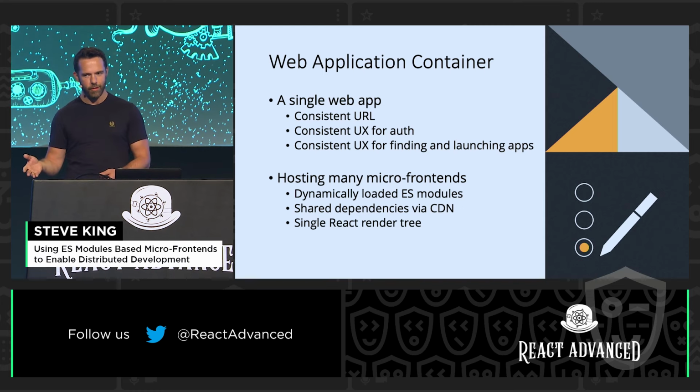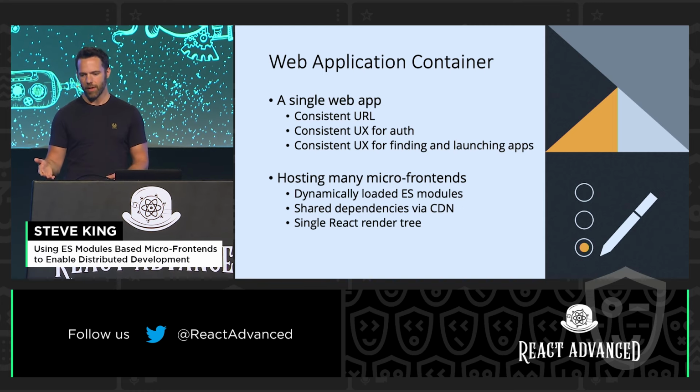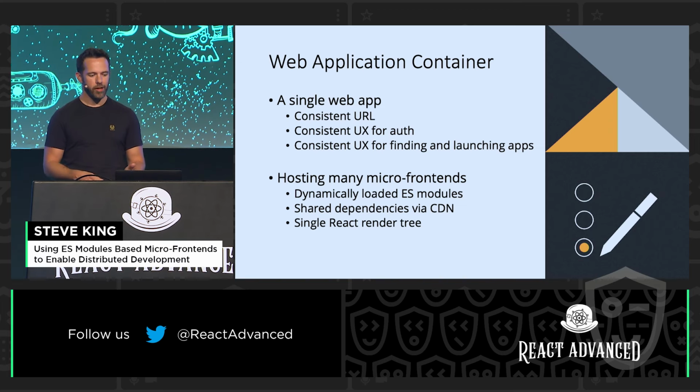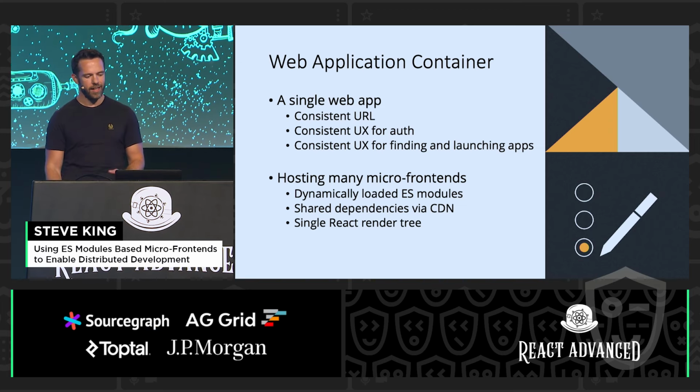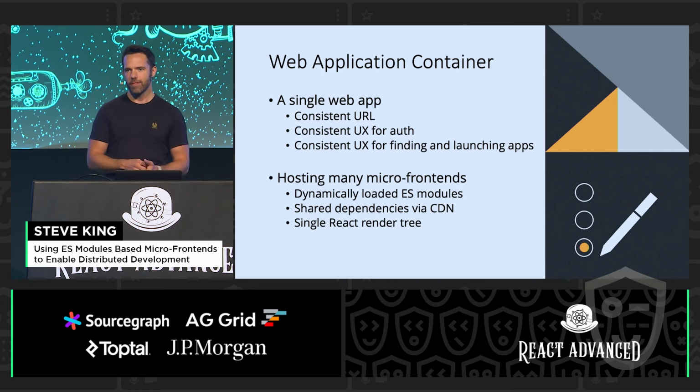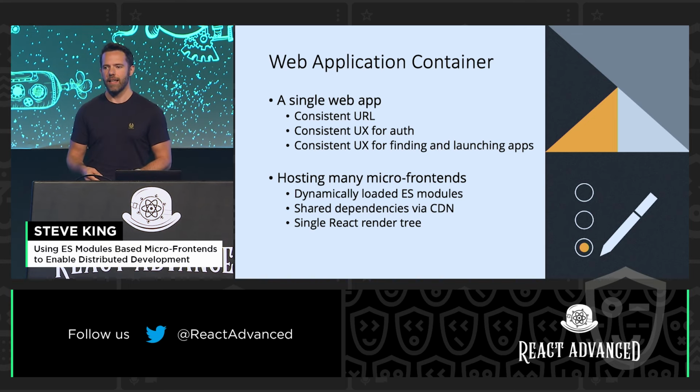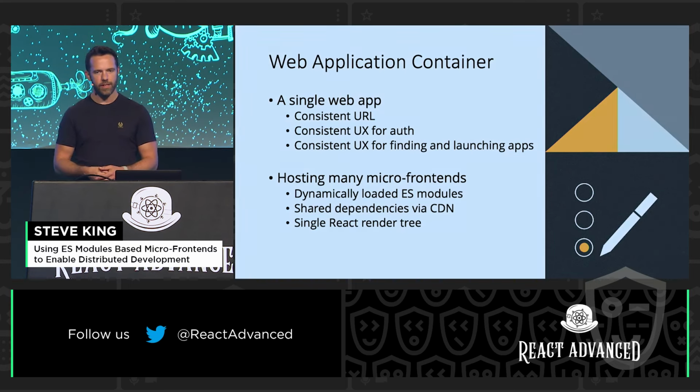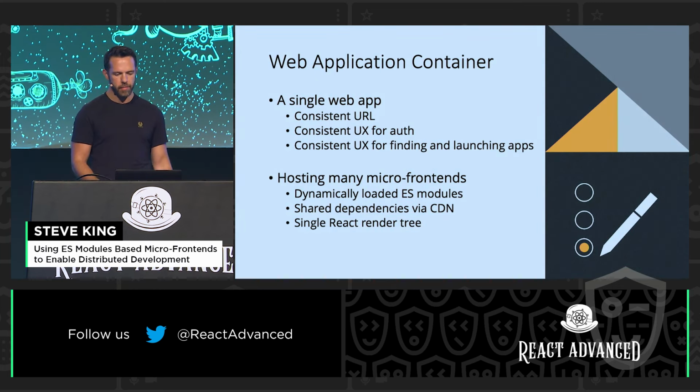So what was our solution? Well, I mentioned that we're using modern technologies, so now we are focusing on having micro-frontends. The micro-frontends that we're looking at are relying on ES modules for splitting the applications and loading them dynamically, and the React library that we've created uses CSS variables to share theming across the various apps that you might be loading.